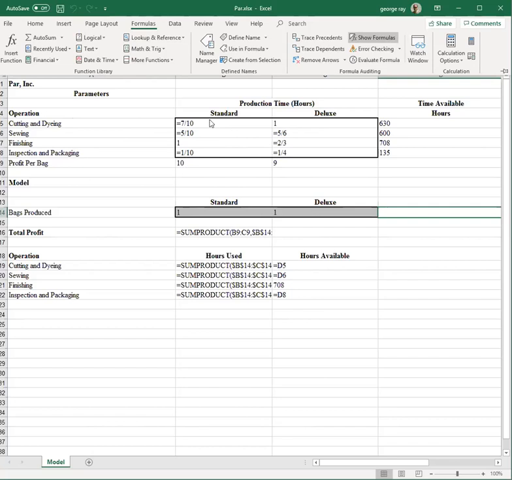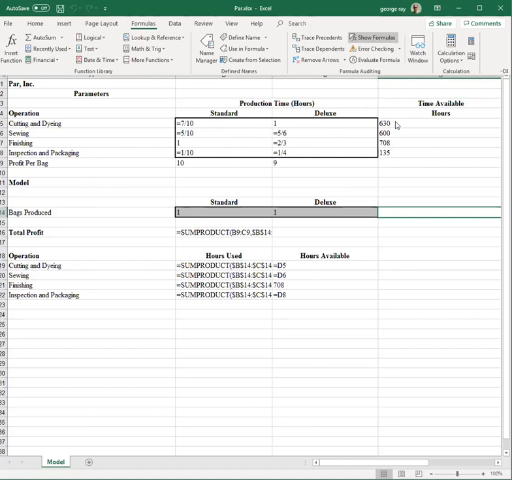So per bag, this is what it costs us in terms of hours to produce a bag, in terms of each one of the operations. 7/10 of an hour for standard, 1 hour for deluxe. 5/10 of an hour for sewing to produce a standard bag, 5/6 of an hour for a deluxe, and so on. And then we have our profit per bag.